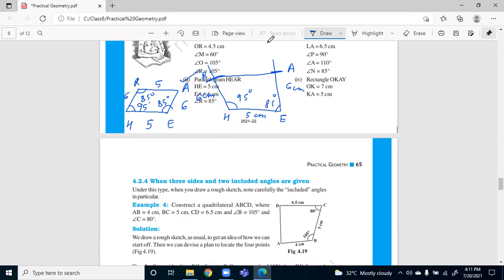Can you please check? Yeah, I received. So this is 95 degrees and this is 85 degrees. It is correct, Dhriti. Ma'am, can I move on to the next? Yeah. 5 centimeters, you can also write labeling. Otherwise, everything is correct.